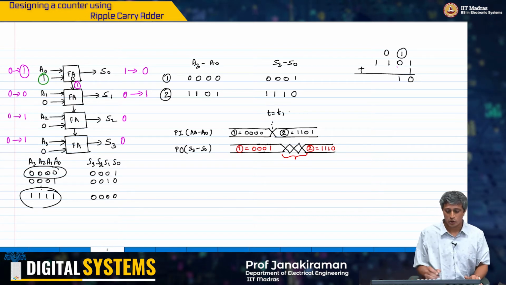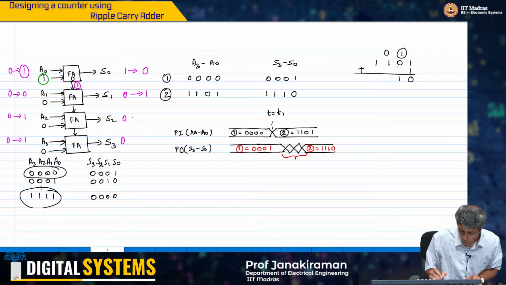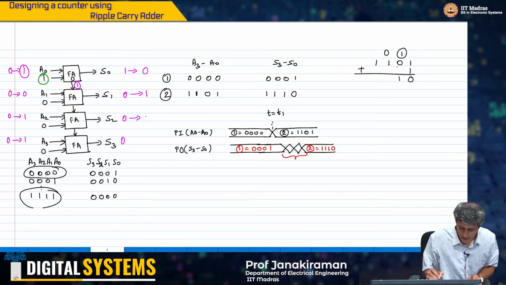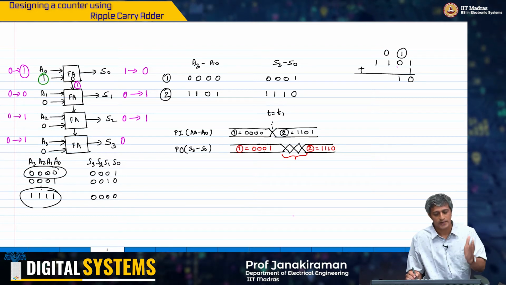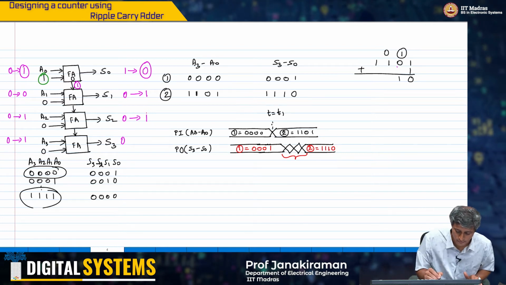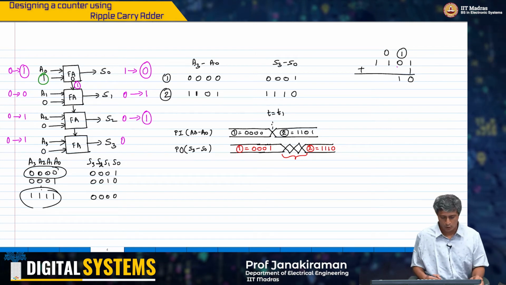So 1 plus 0, you will get 1 directly here. There is no carry here to be added, therefore 0 to 1 would have happened along with this 0 here. These two would have happened together.